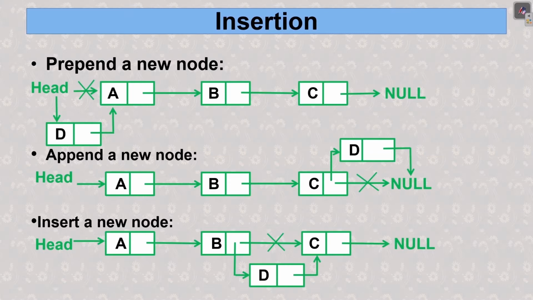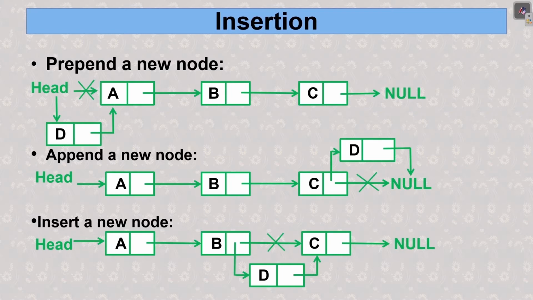First of all, we have to give the address of the first node, which is A, into the next pointer of D, right? Then we have to change the direction of head, right? We have to give the address of the new node D into the head. So in this way, we can prepend a new node in a linked list.